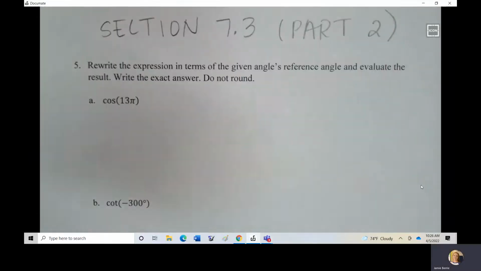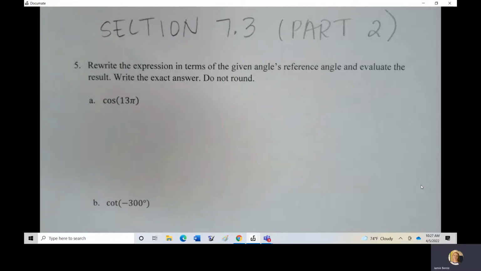In this video, we are going to finish covering section 7.3. We had just finished looking at the little table where we stated in which quadrants the trig functions were positive and negative.